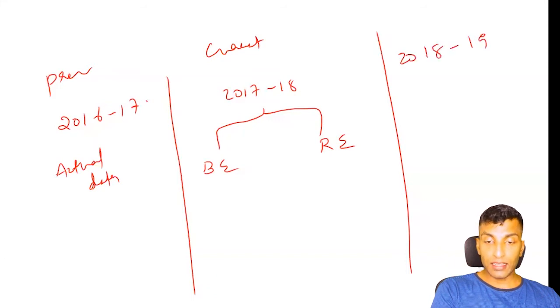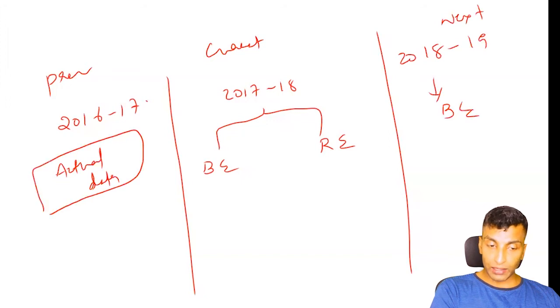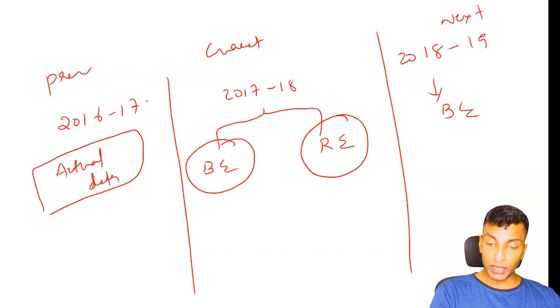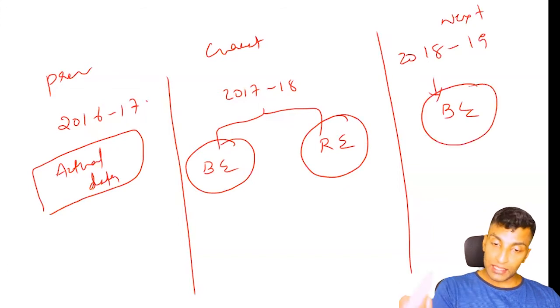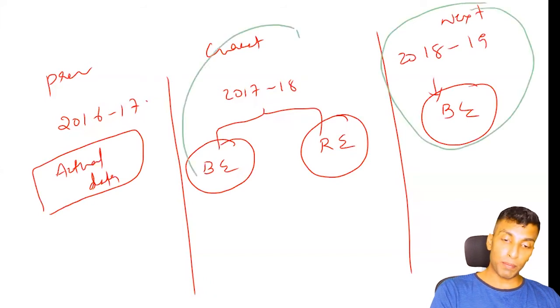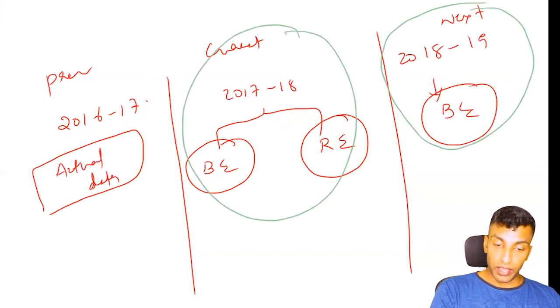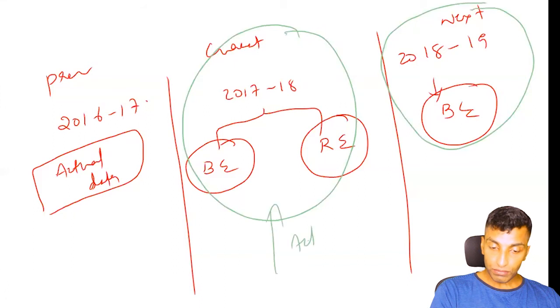Then 2018-19 is the next year. So what will this column be? This is the budget estimate. You can see that for the previous year you will get the actual, correct data. For the current year there will be two, budget estimate and revised estimate, and then for next year the budget estimate. So next year you will just extend: this will become the current year, and this will become the previous year, where you will get the actual data.